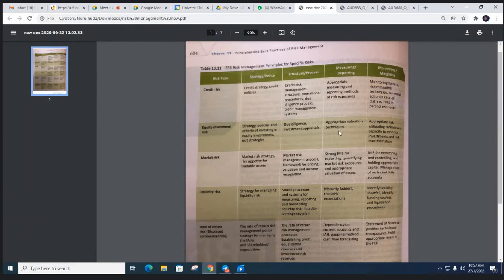And the institution must also have a strong management information system to report and quantify market risk exposure and appropriate valuation of asset, okay, and monitoring and controlling appropriate capital. So you akan terangkan how to manage market risk for specific untuk istisna.